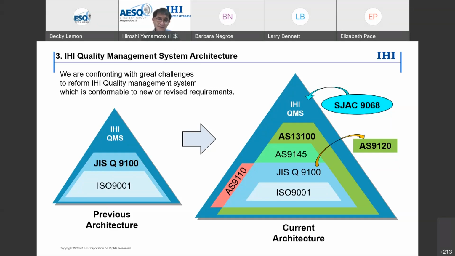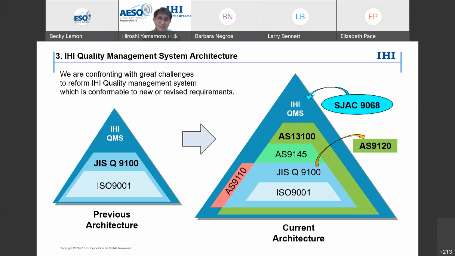The right-hand side shows the new IHI current architecture. A big pyramid shows the IHI QMS, of course based on AS13100 and AS9145, which characterize APQP and PPAP.